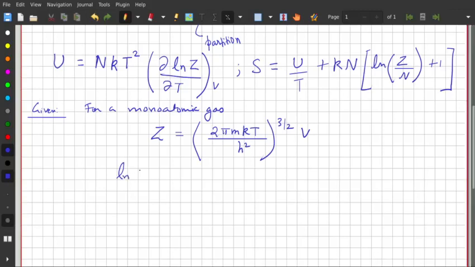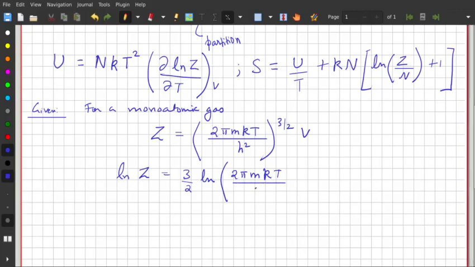Log Z is 3 halves log (2 pi m k T by h squared) plus log V.